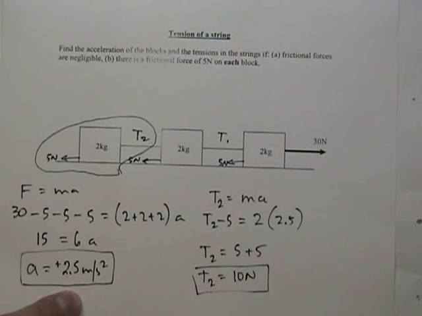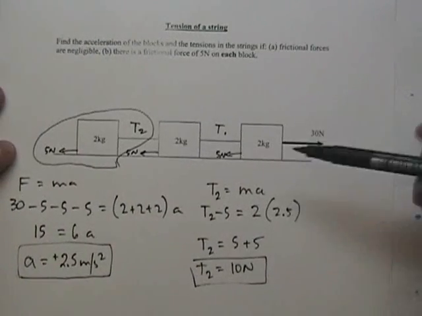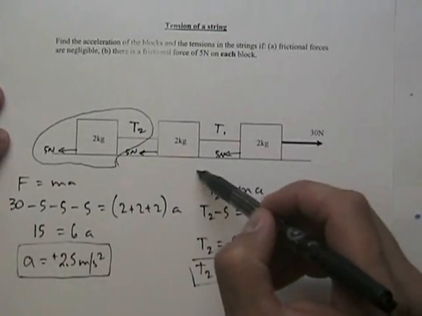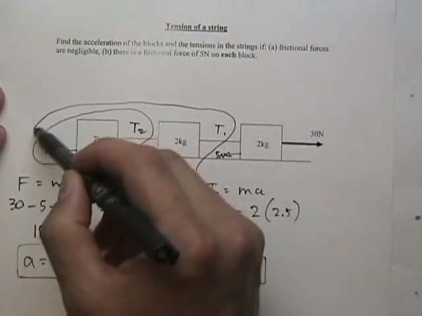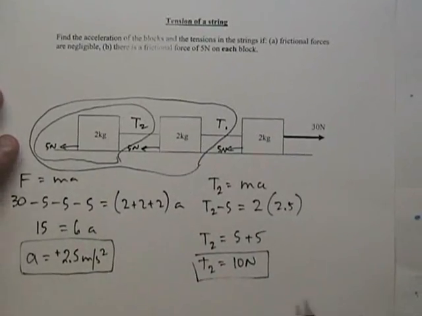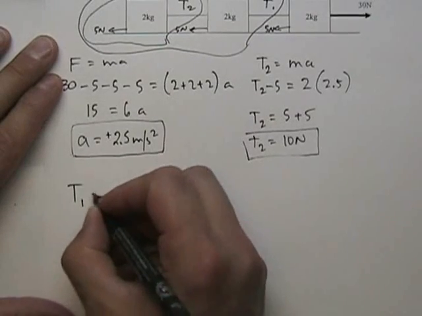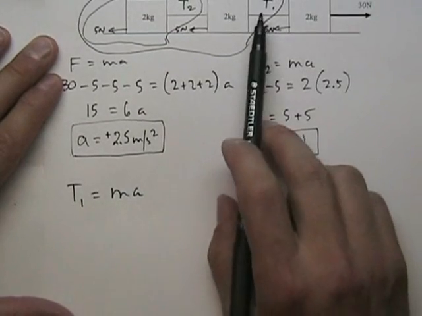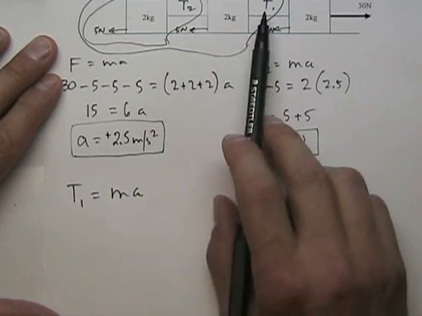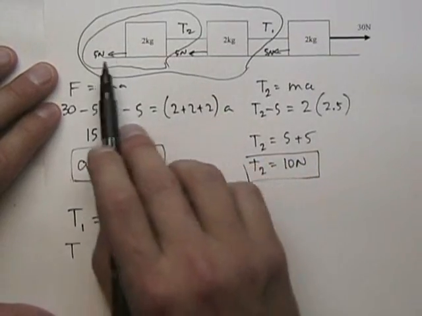Sure doesn't feel right, does it? But good enough. Let's see, next we'll do this one. Tension 1 is including these two. So let's drop this down. It's T1 equals mass times acceleration. This is going to end up being tension 1 minus this 5 minus that 5.